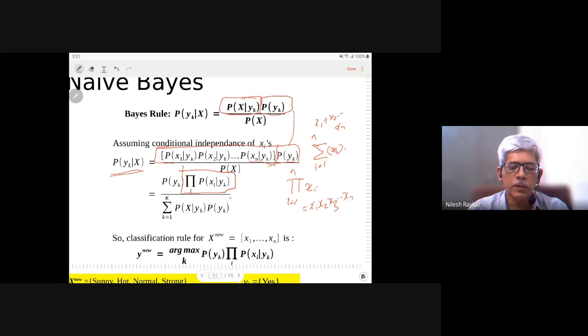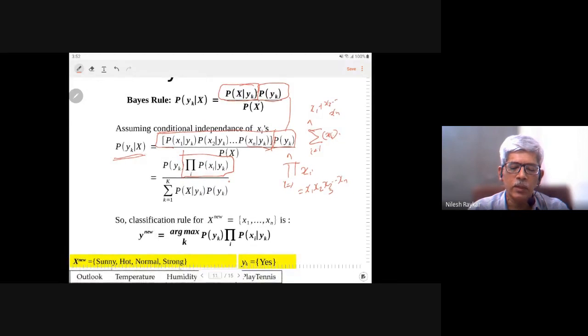And the classification rule which we are interested in developing is for any new pattern. So for a given climatic condition, what is the probability of playing tennis? For each label you have to calculate the probability, and whichever probability is higher, that is the label which wins. So that is written in mathematical or symbolic terms as follows.